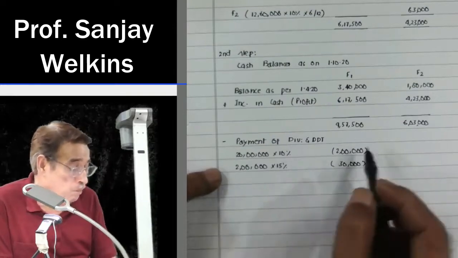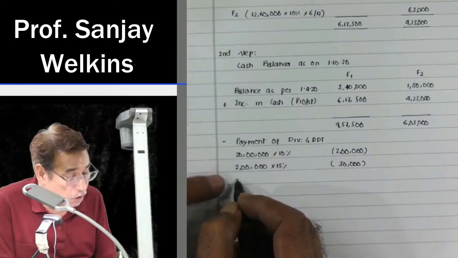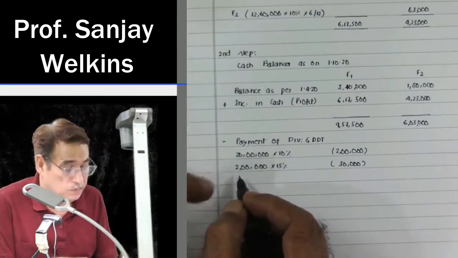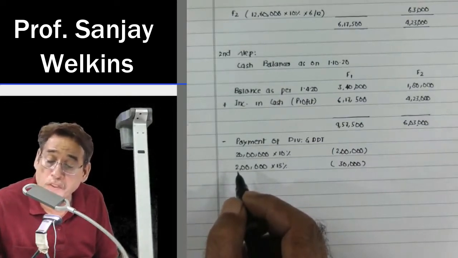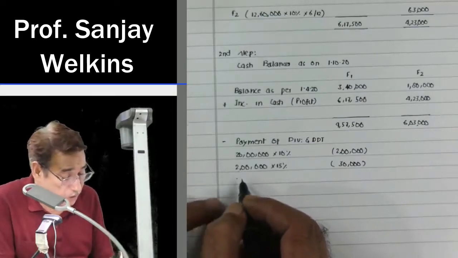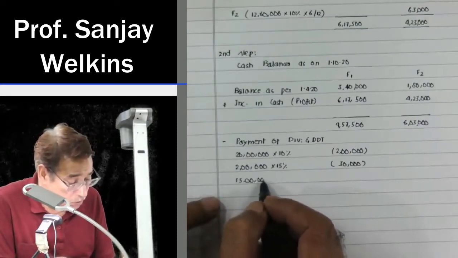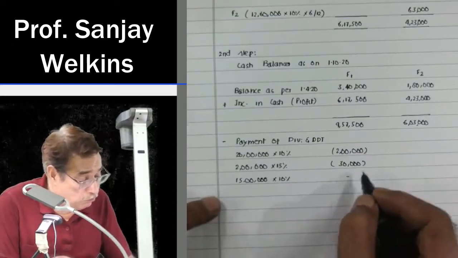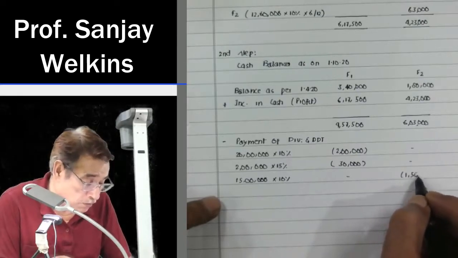Similarly, we will have to compute the dividend payment for F2. Share capital of F2 Limited, let me check, sometimes I forget, is 15 lakh into 10%. So F2 Limited will make a payment of dividend of 1,50,000.